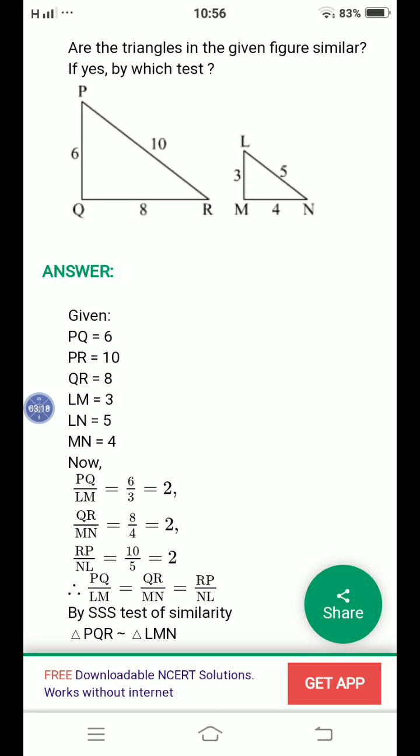Then RP by NL is 10 by 5. Again we got 2. The ratio of the sides of both the triangles, PQ upon LM is equal to QR upon MN is equal to RP upon NL, that is 2. So these two triangles are similar to each other by the SSS test of similarity.